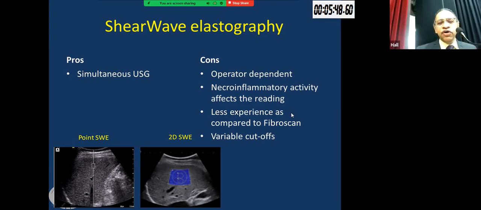And we have less experience using shear wave as compared to FibroScan. There are many types of shear wave, like point shear wave elastography and 2D shear wave elastography, and there may be variable cutoffs for each of them. So it is difficult to remember all of them, and we have to depend on the reports, whatever is given.